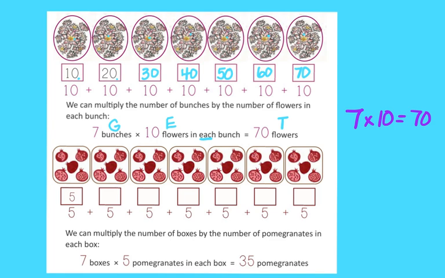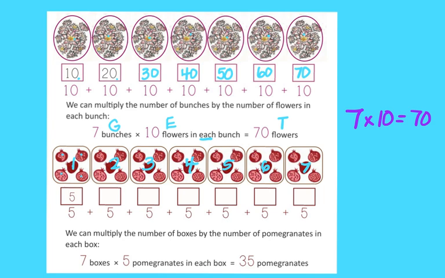Okay, now let's look at the pomegranates that their mom had. Each group of pomegranates has 5 pomegranates in each group. So we have 1 group, 2 groups, 3, 4, 5, 6, 7 groups total.